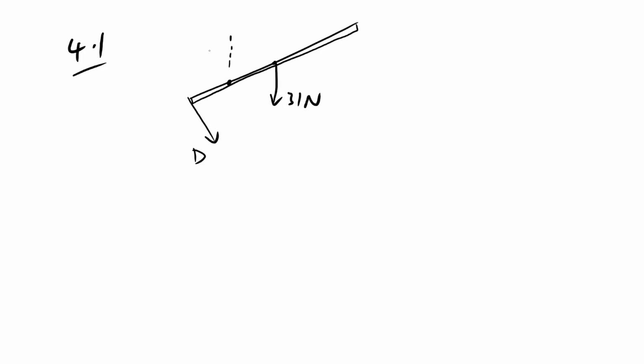Question 4, moments and stuff. Finally, this looks better. We have D pulling down there. Oh boy, this looks complicated. Weight of this being 31. We have the guy holding on there, pulling out at a funky angle to the vertical. It's not perpendicular though, so I've got to be careful.